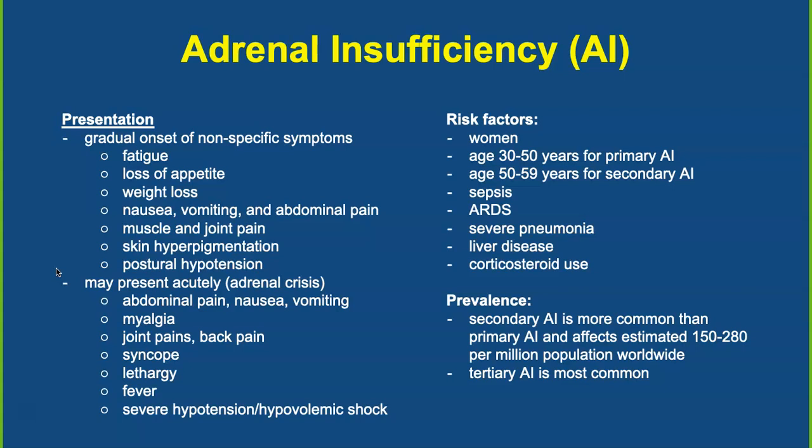They could have myalgias, joint pains, syncope, lethargy, and even have such severe hypotension and hypovolemic shock. Typically, adrenal insufficiency, you'd see a little younger in ages 30 to 50, secondary adrenal insufficiency in 50 to 60 age.